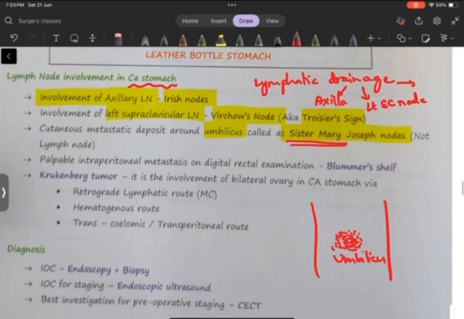So other than that, if there is palpable intraperitoneal metastasis on digital rectal examination, then that is called Blumer's shelf. So when you do a per rectal or digital rectal examination, if you are able to feel or palpate intraperitoneal deposits, then that is called Blumer's shelf. Okay.